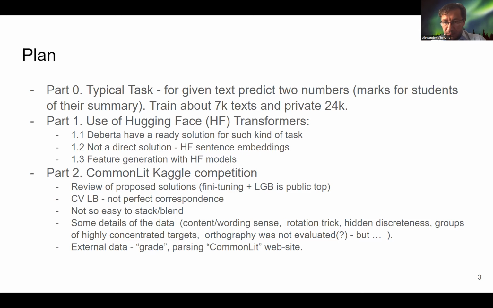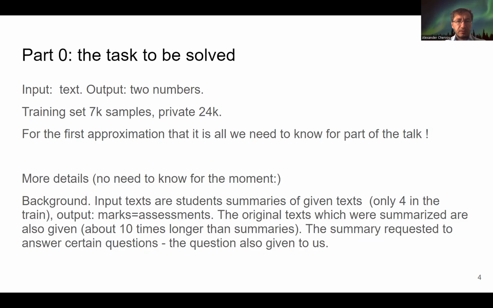Sorry, I just wanted to clarify a couple of things. You say given a text, predict two numbers. What text? Is it a summary, or the actual text and a summary? Yes, for the competition, we are given both the text and the summary. The summary is the main thing, and we are also given the original text for which the summary was written.